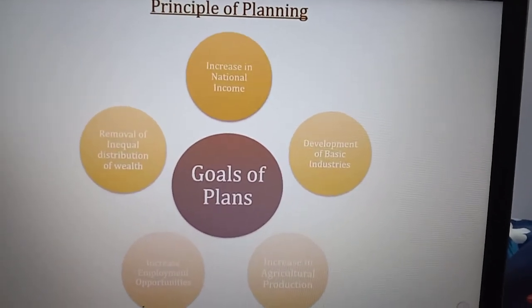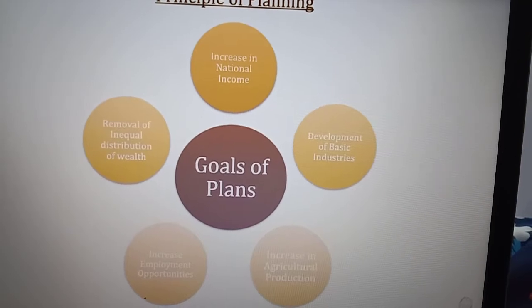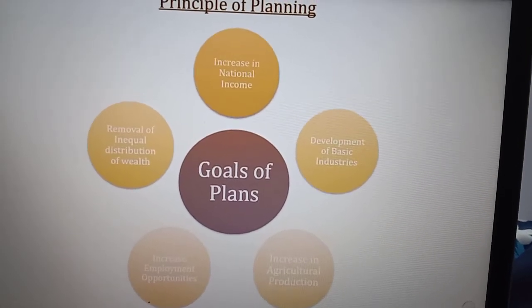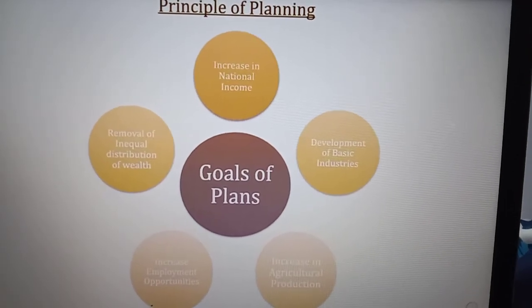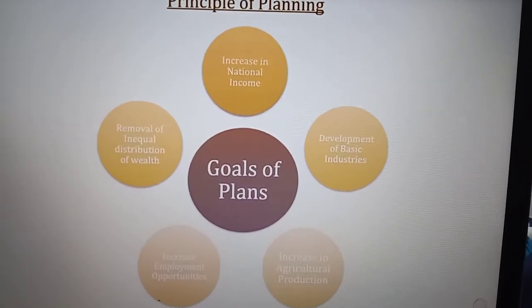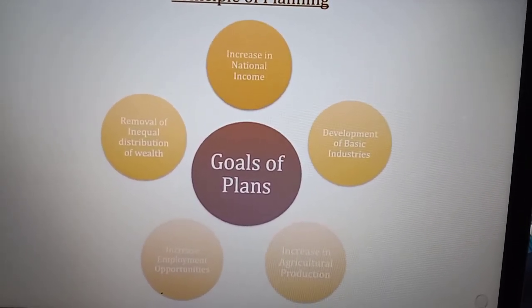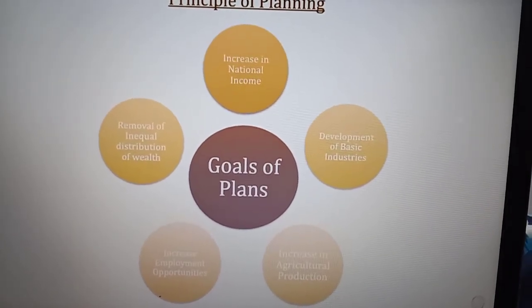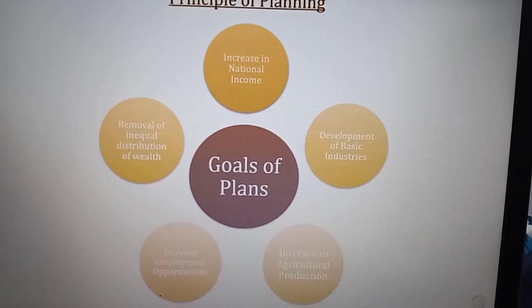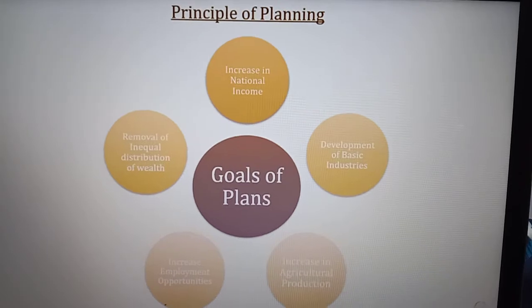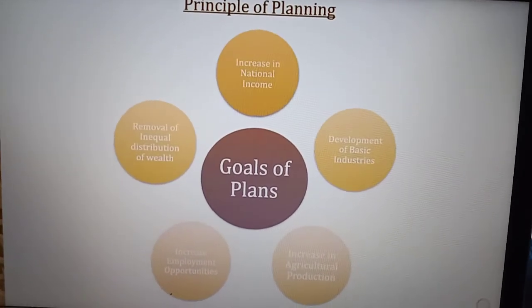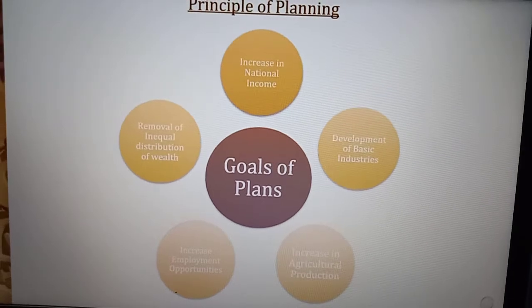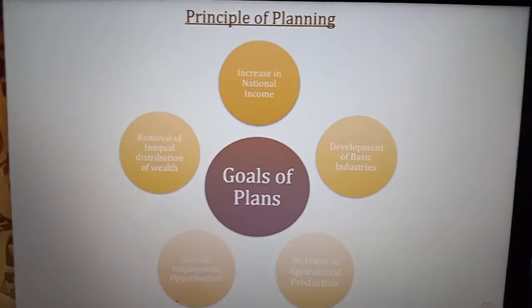Bring about an increase in agriculture production so that the country becomes self-sufficient. So more and more agriculture production should be improved, so that we don't have to import goods from other countries, and our country can be self-sufficient with good food grain production. Use the human resource in the country optimally, means in a positive way, in a maximum way.